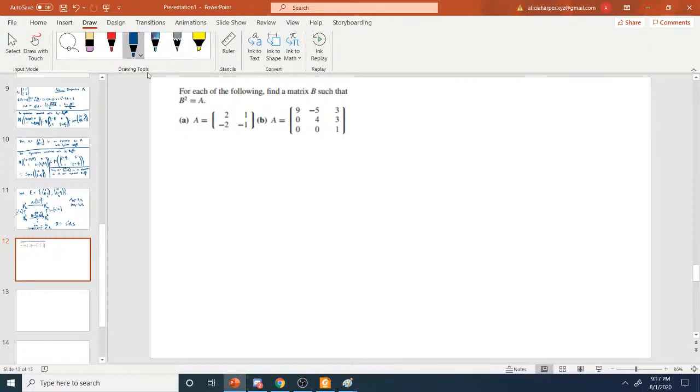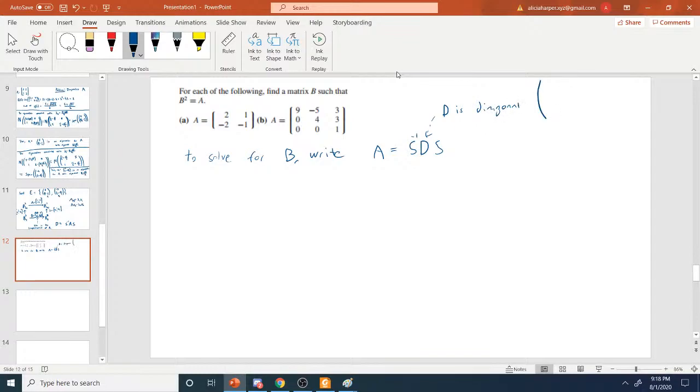So let me illustrate how this is done. To solve this, what we do is we write A as the conjugate of a diagonal matrix, where D is diagonal.